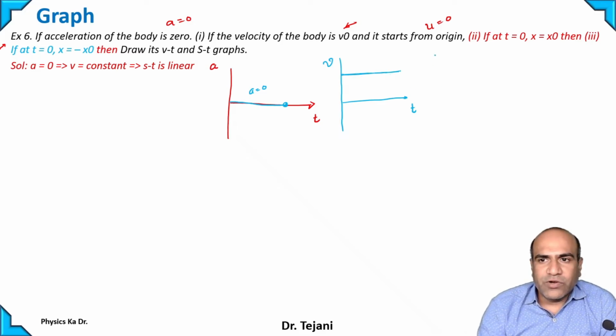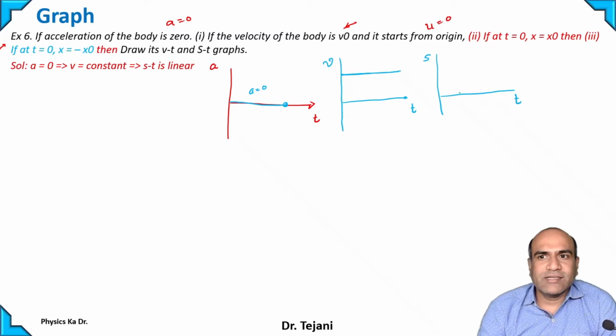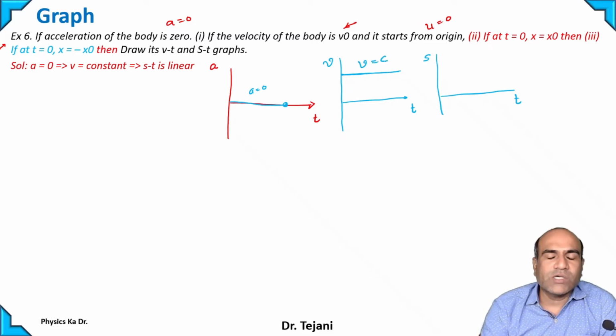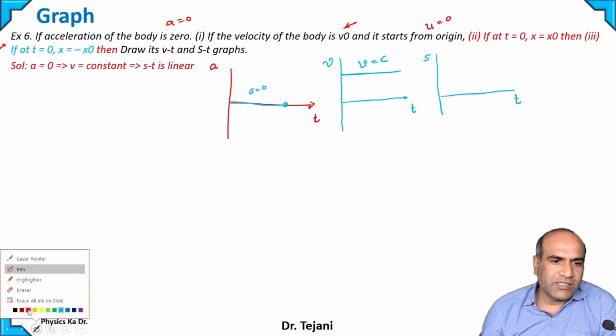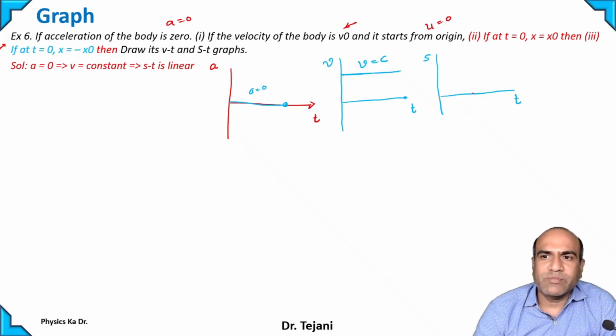Then if you draw the graph of distance versus time, here, if velocity is constant, distance versus time should be an inclined line.